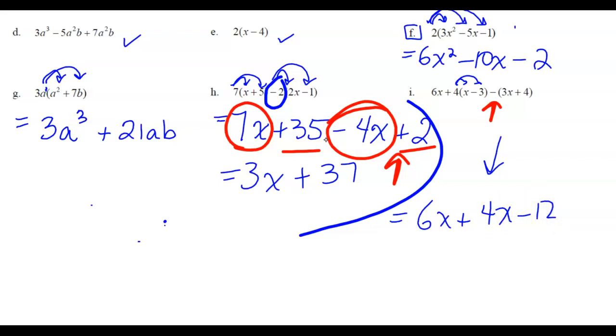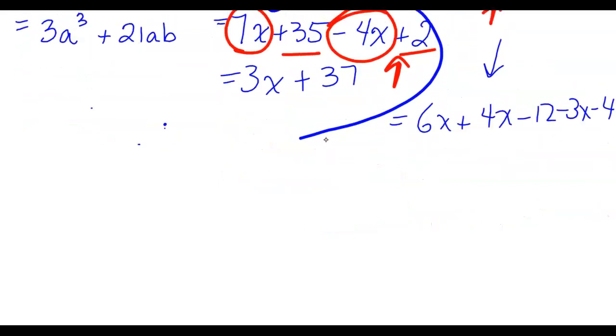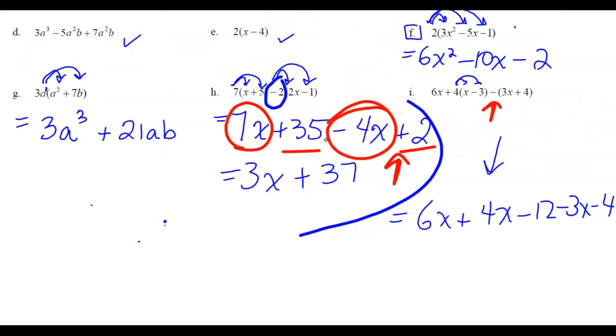And then here we're subtracting 3x and we're subtracting 4, not adding 4. So be really careful on that. This becomes subtracting because it's adding in the brackets.